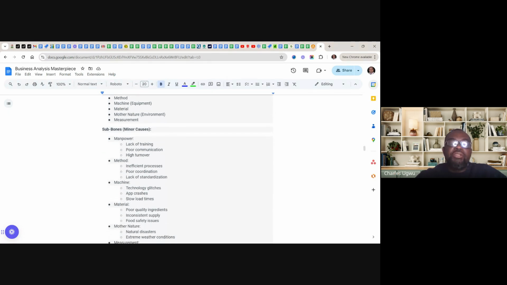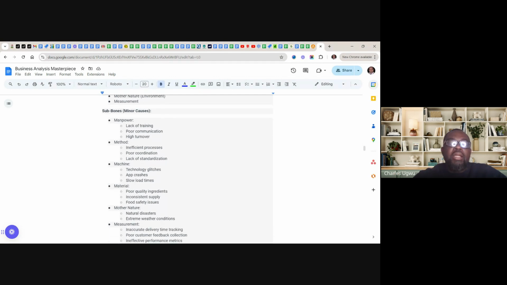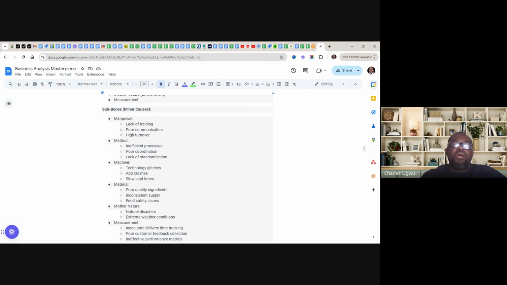Under machine, we have technology glitch, app crashes, and slow load time. And then under material: poor quality ingredients, insufficient supply, food safety issue.